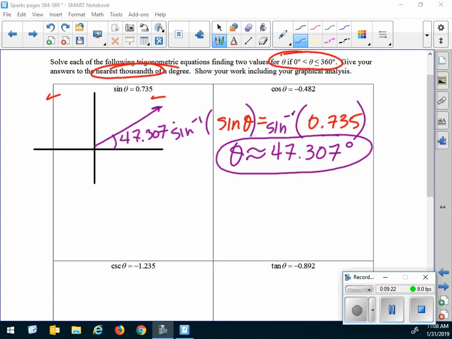Where's the other answer? Quadrant 2. What is the reference angle? You betcha. The answer to that's a good question. Do you have to store that answer? You certainly can store it.